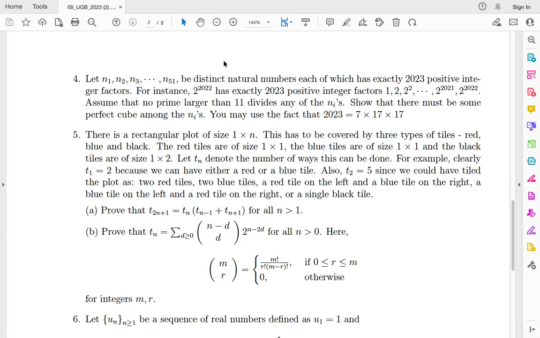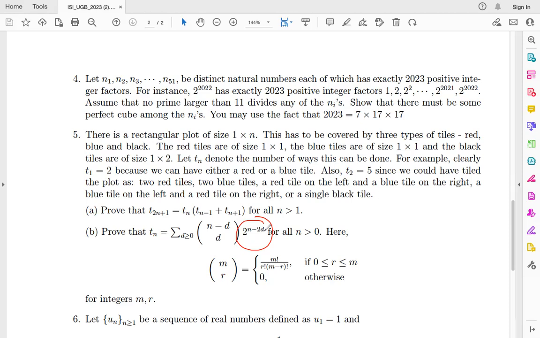This term gives you the hint, that is why 2 to the power n minus 2d. All I know is that for the red and blue tiles there are two choices for each tile. And if there are d black tiles, those will cover two blocks each, so they cover 2d unit blocks. And so the remaining will be n minus 2d blocks.